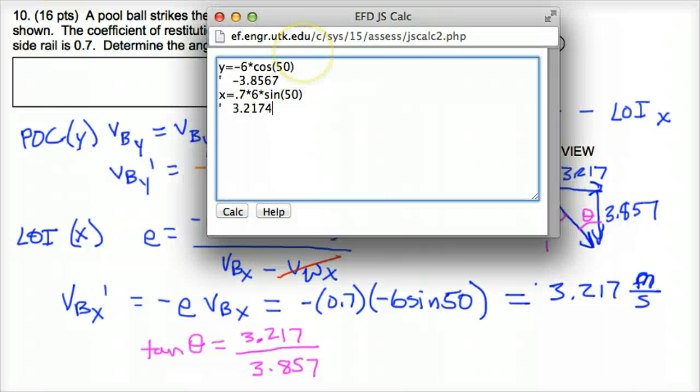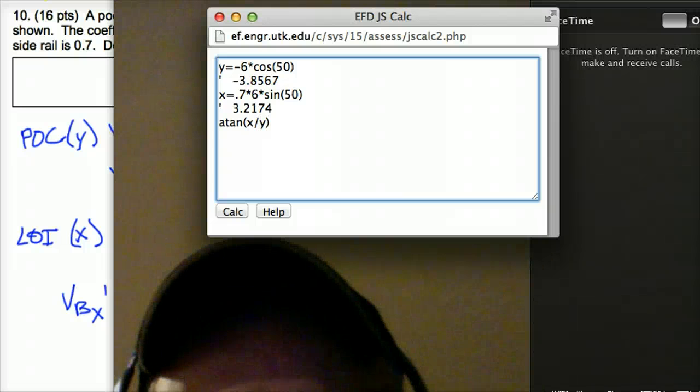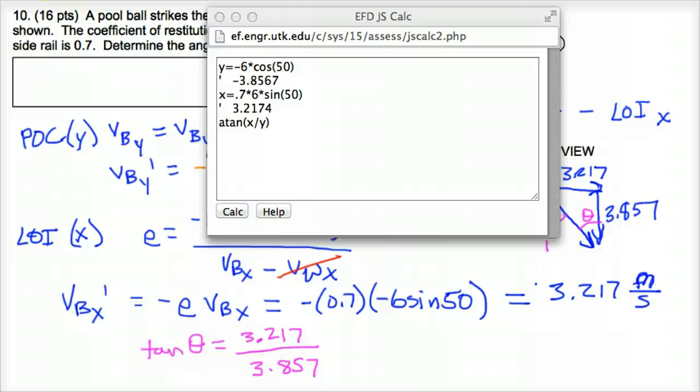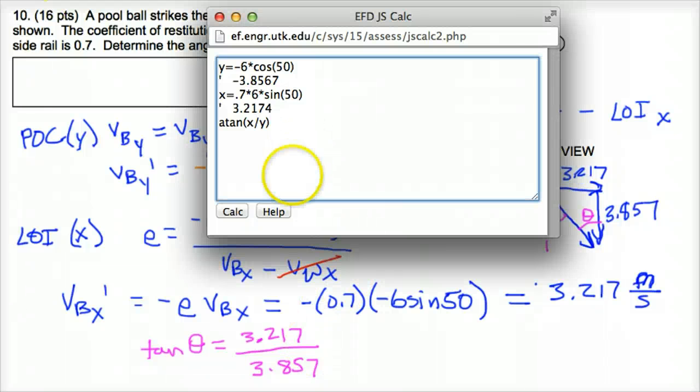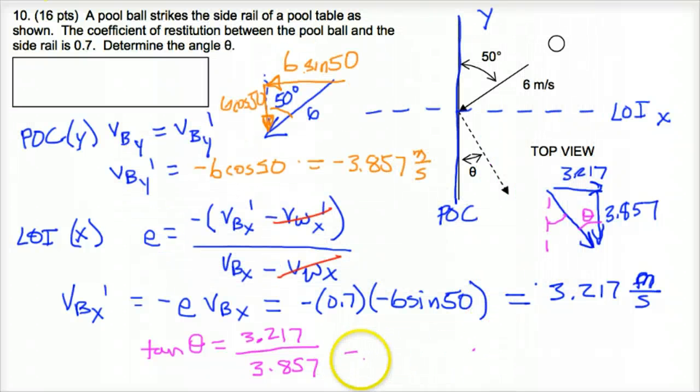In my calculator I've got those stored, so it's going to be the arctangent of x divided by y in this case. It came out negative because the y was negative, but it's just going to be the absolute value of that, 39.8 degrees. Okay, not too bad.